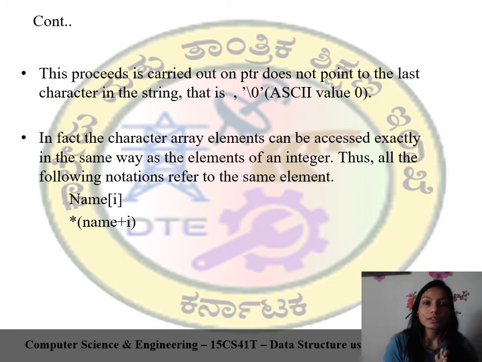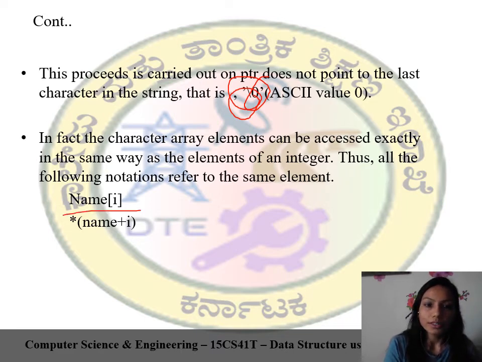So this procedure is carried out until the last character, that is null. Character array elements can be accessed exactly the way array elements are accessed, because a character array is nothing but an array of character type.